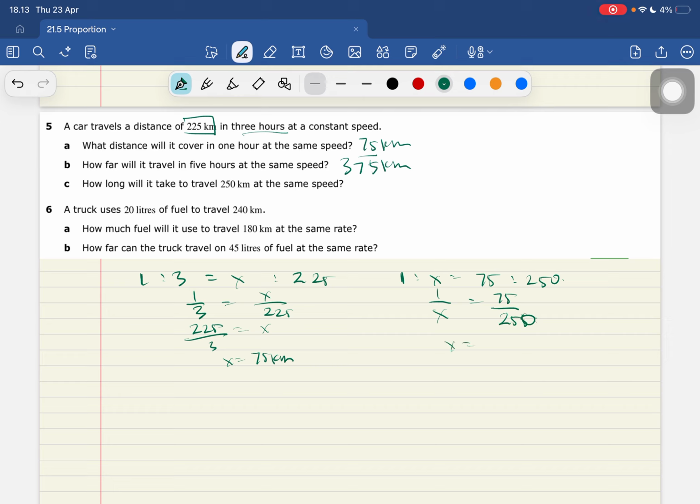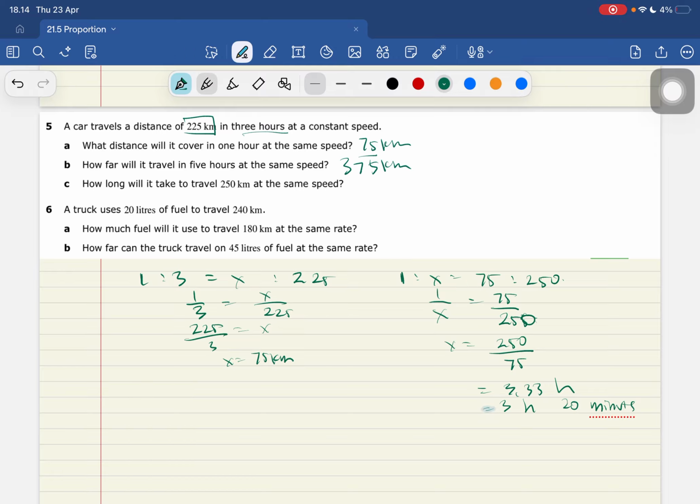So x equals 250 divided by 75. We got 3.33 hours, or if we would like to make it into minutes, it's going to be 3 hours and 20 minutes.